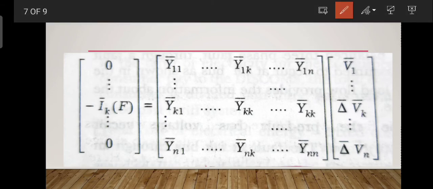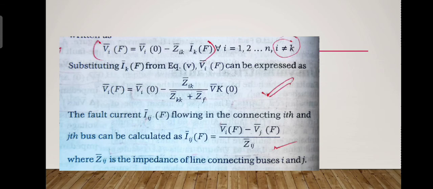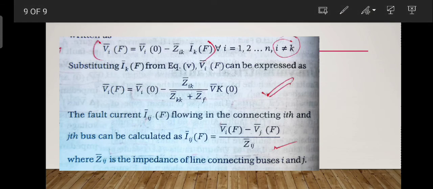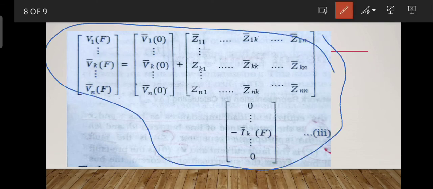V bus fault is equal to the pre-fault voltage V bus 0 plus Z bus into the fault current I bus fault. Expanding the above equation, we can write this form.